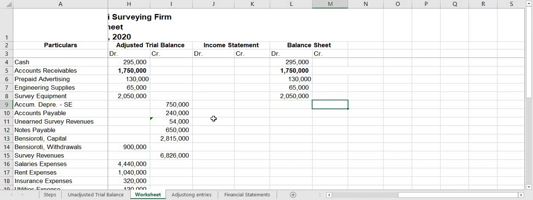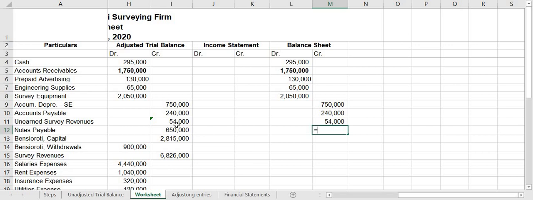Accumulated depreciation has a credit balance, so you transfer it to the credit portion. Liabilities, of course, accounts payable. It is a credit, so you transfer it to the credit portion of the balance sheet. And also your unearned survey revenue, liability, balance sheet, credit.